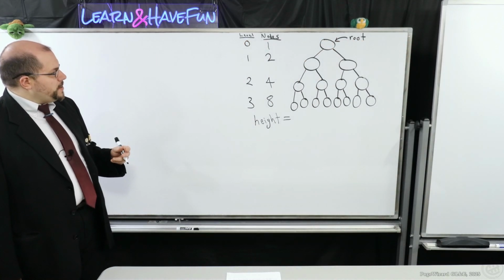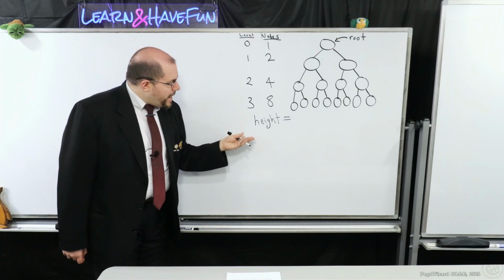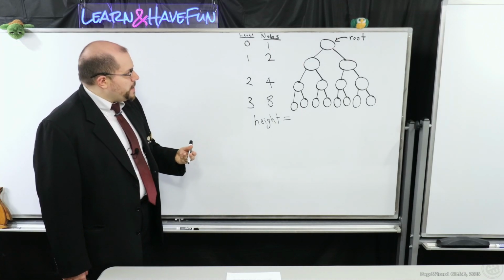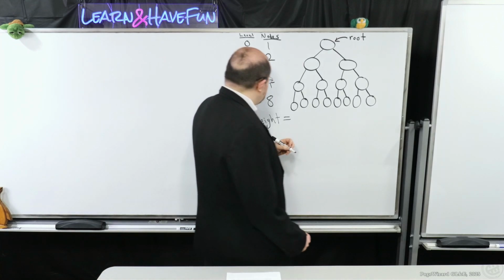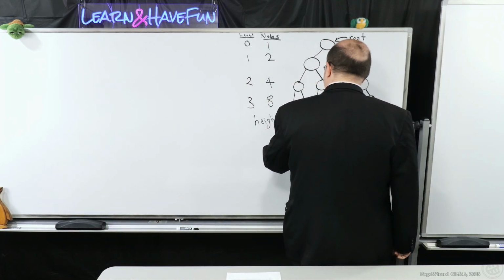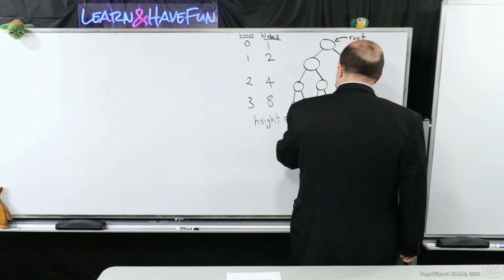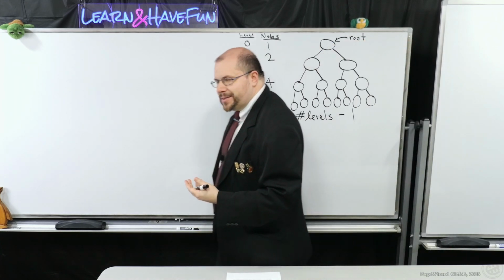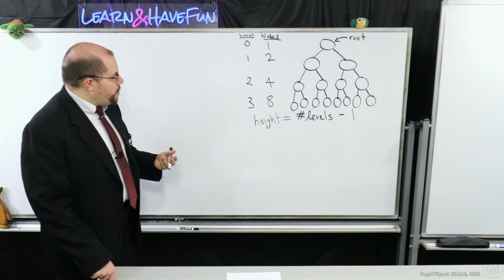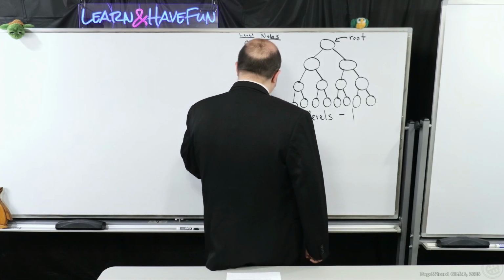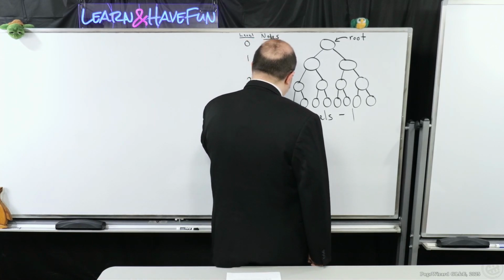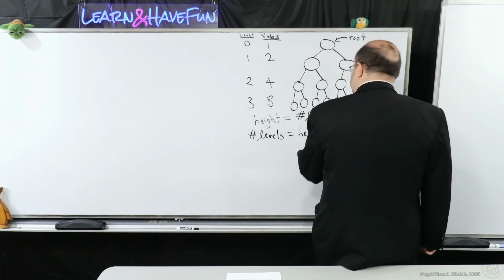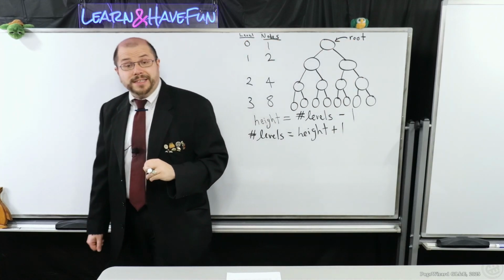If I were to ever ask what the height is, if I tell you how many levels there are, what can you tell me? Well, the height is always the number of levels less 1, or equivalently, someone can always tell you that the number of levels is always the height plus 1. So just please keep this in mind when we look at this next claim.